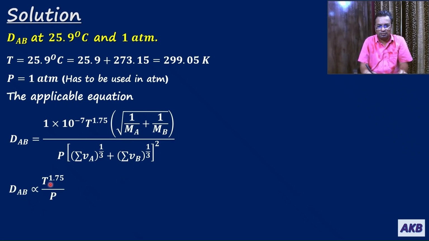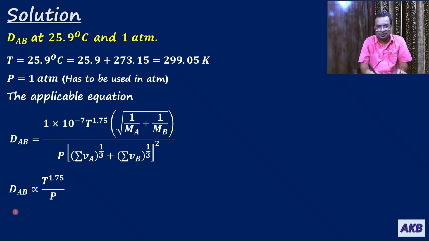Now we will understand how to use this relationship if you know diffusion coefficient at one temperature and pressure, and then how you can find diffusion coefficient at some other temperature and pressure. Sometimes they will give you diffusion coefficient at one temperature and pressure and they will ask you to find diffusion coefficient at some other temperature and pressure. So in that case, you can use this relationship.